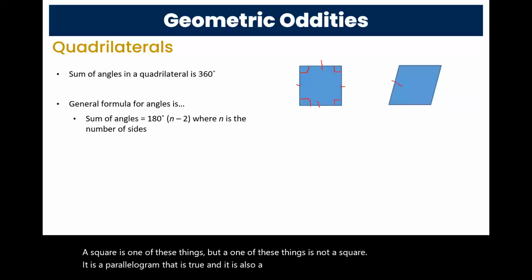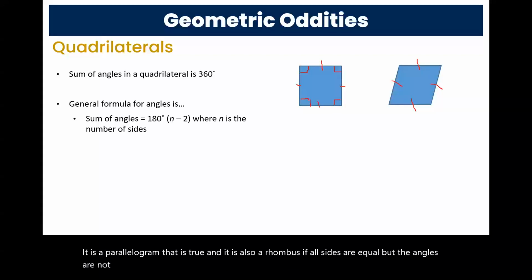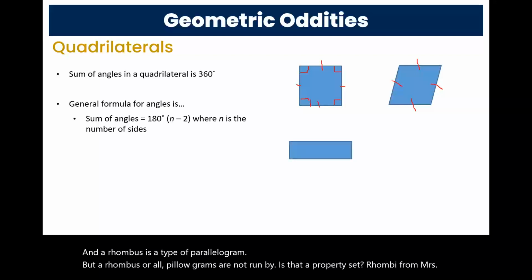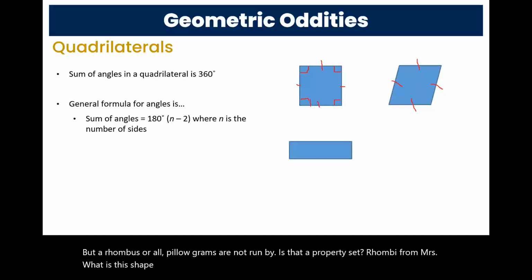If all sides are equal, but the angles are not equal, then we call it a rhombus. And a rhombus is a type of parallelogram, but not all parallelograms are rhombi. Is that a proper way to say it? Rhombi, rhombuses. What is this shape? Which, by the way, is also a parallelogram. A square is a parallelogram as well.